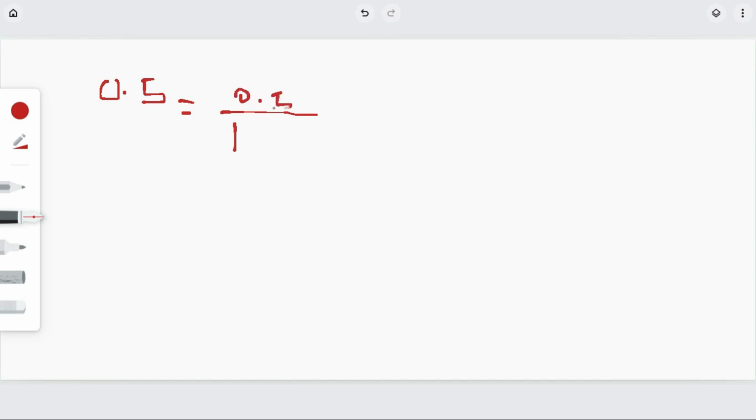Because we are changing from decimal to fraction, we shift the decimal point to this side one time, we add a 0, so that will be 5 over 10. We want to reduce this fraction using the prime factorization method. We already know that 5 is a prime number, so we are going to write 1 times 5 over, and the prime factors of 10 is 2 times 5.